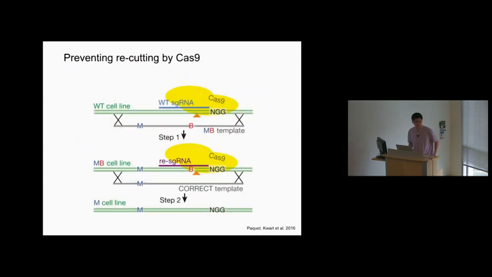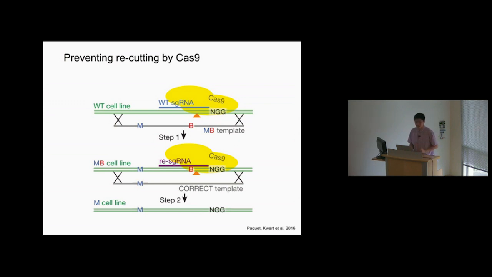So the final consideration is to prevent recutting by Cas9. If after you introduce your mutation by HR, the same allele can be cut by Cas9 again, that will really significantly decrease the editing rate. One way to prevent that is to build some silent mutations into the donor that destroy the original target sequence.